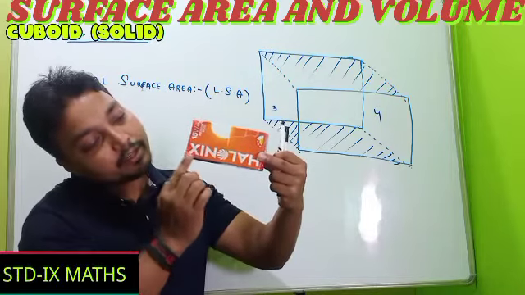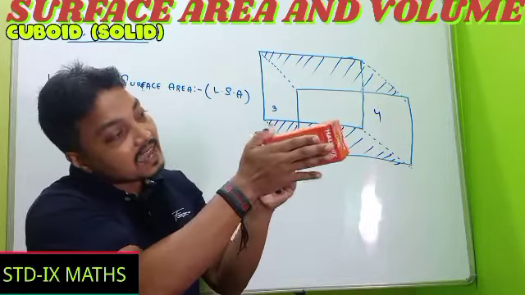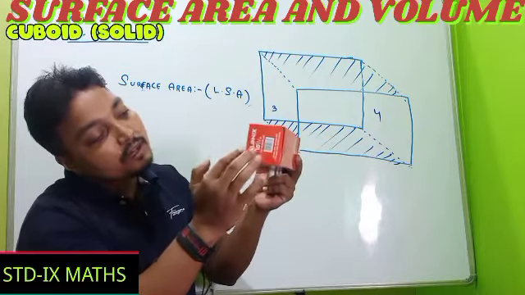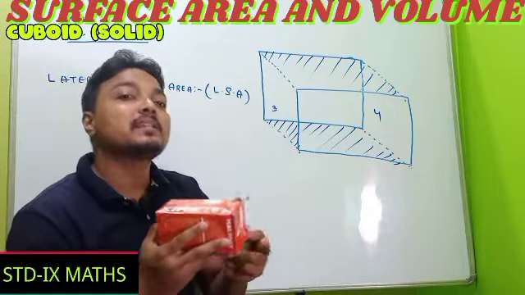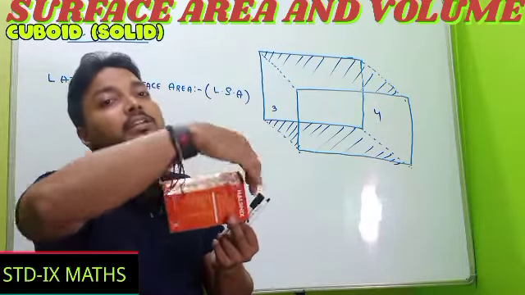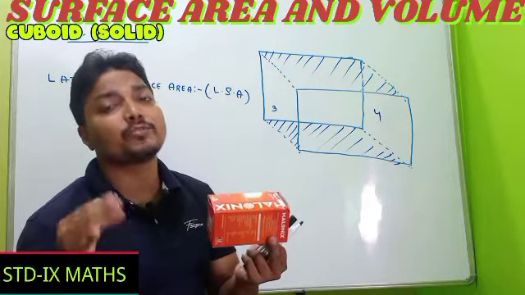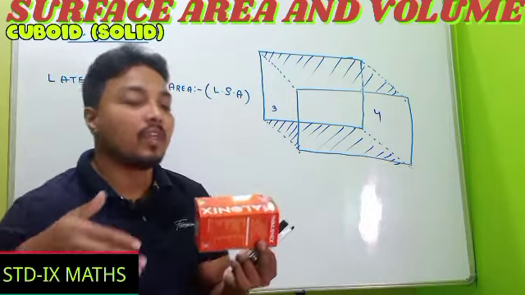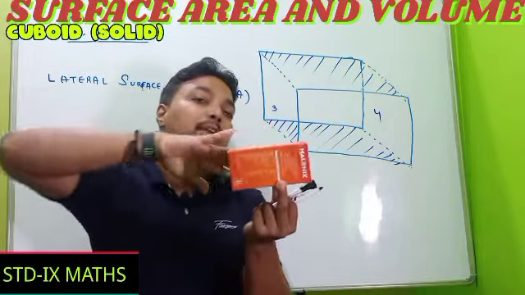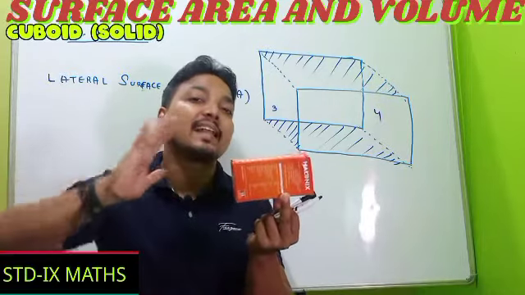This face is joined with this side of the base, and so on for each side. So the faces which are joined with each side of the base, we call our lateral faces. Whenever I keep it like this, these 4 faces are called our lateral surface.